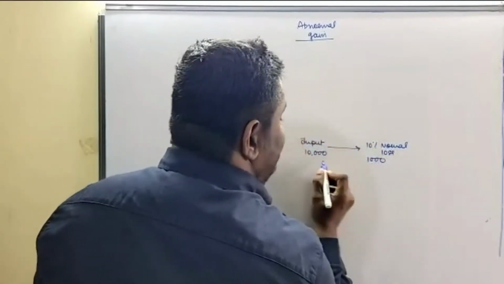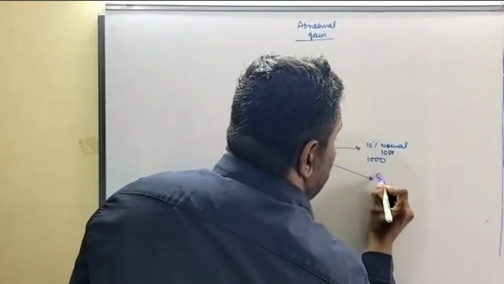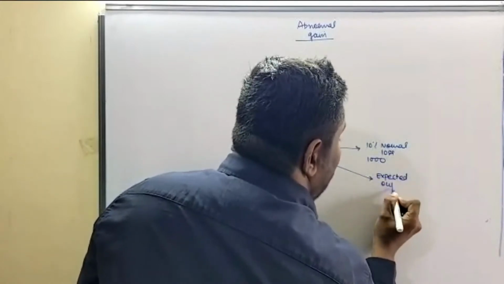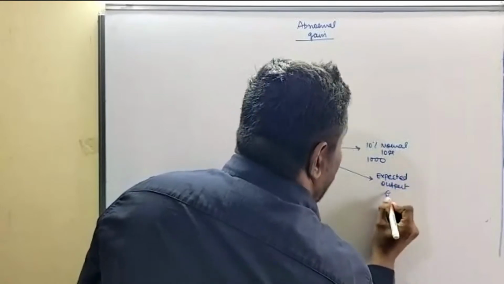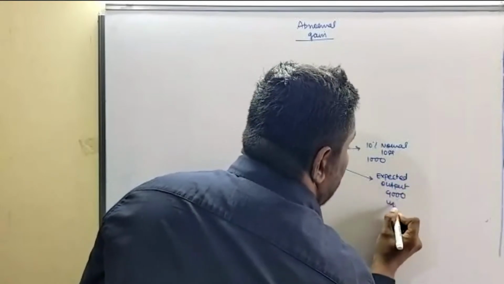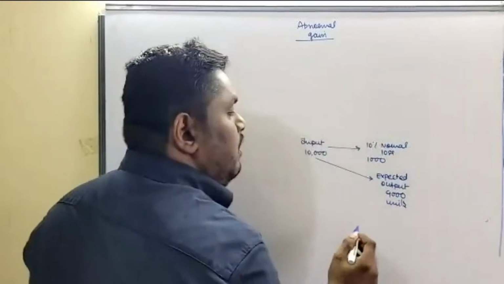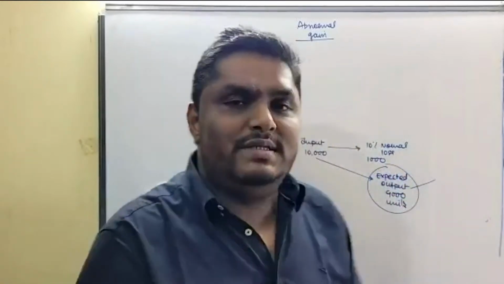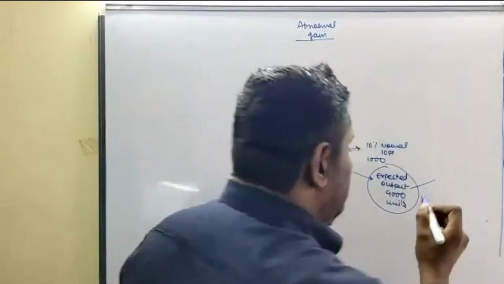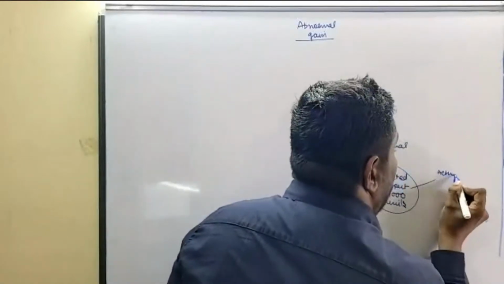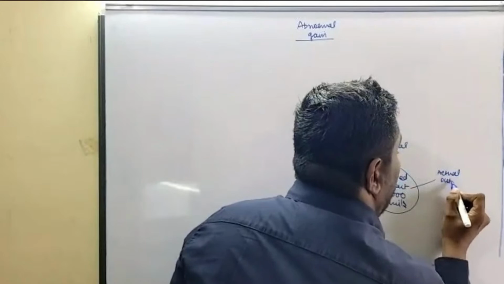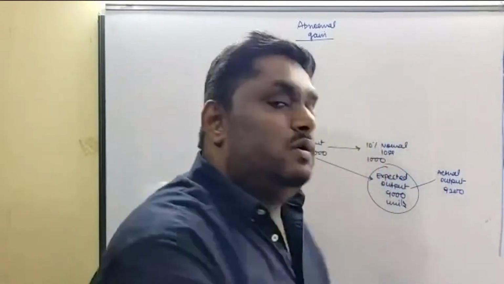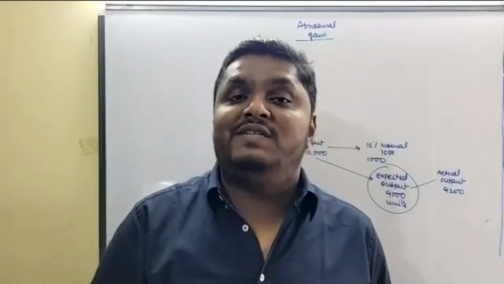Therefore, my expected output was how much? I was expecting an output of 9,000 units. Now, let's say when the actual results are out, my actual output comes to 9,200 units, much more than what we expected.